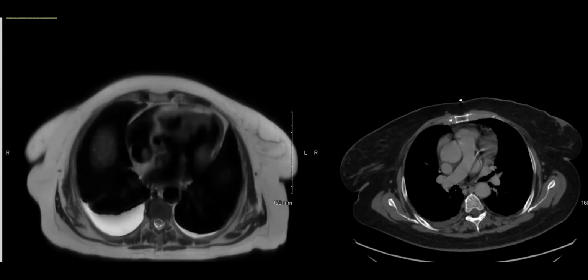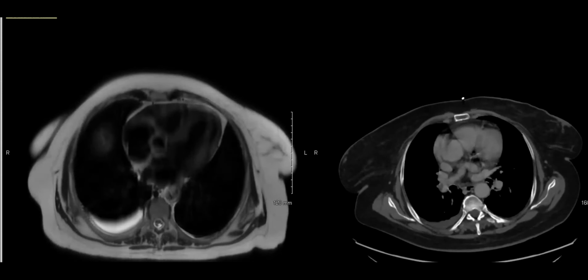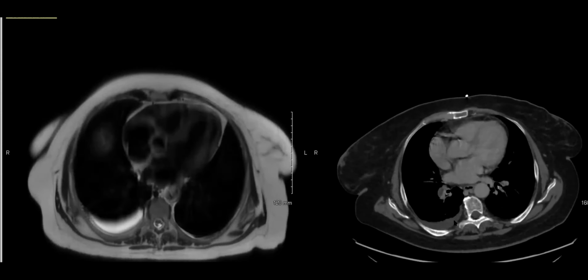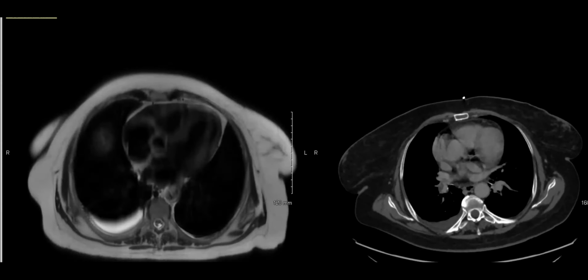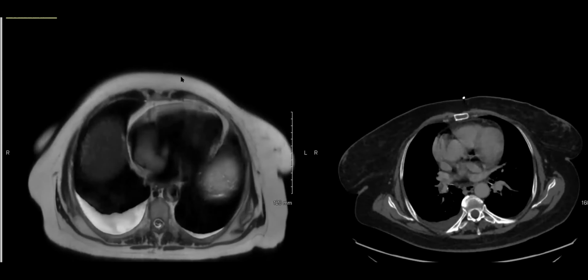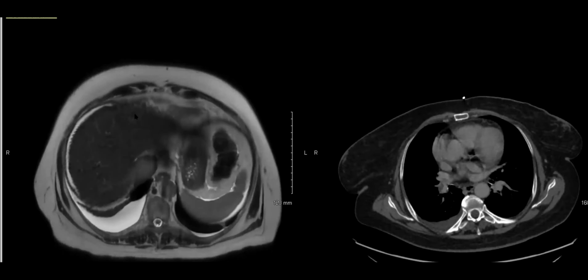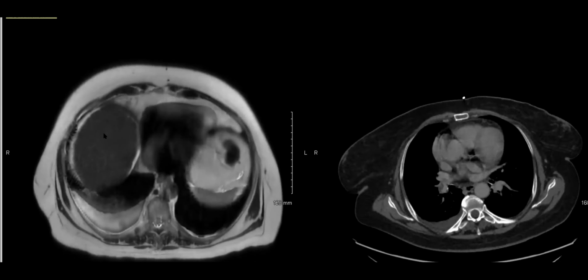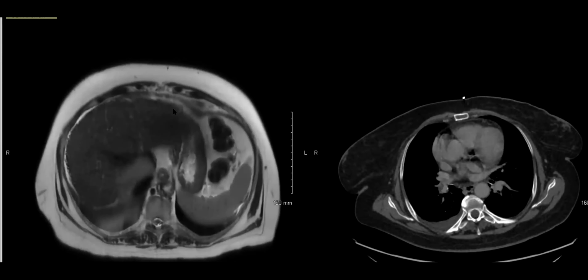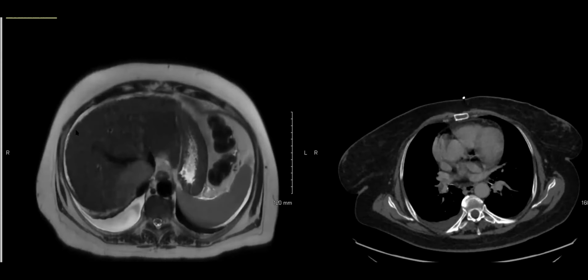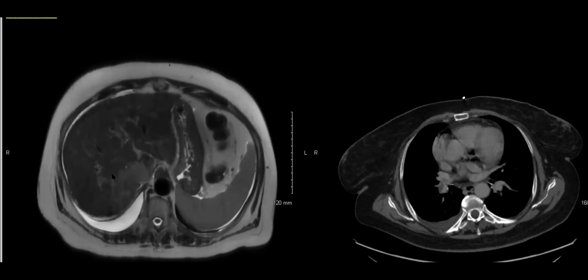All right, so this is an interesting case of a patient who came in with shortness of breath. You can see that she has pretty prominent pleural effusion. No prior history, as far as I understand. She's obviously having a hard time breathing because of this big effusion. Notice that she has a cirrhotic liver, unknown to her.